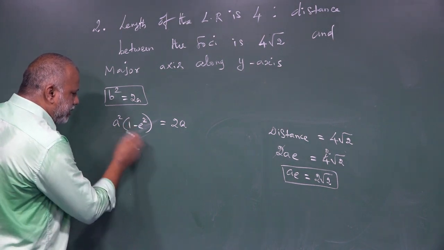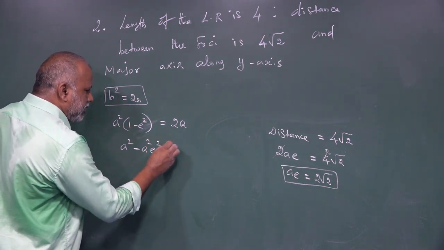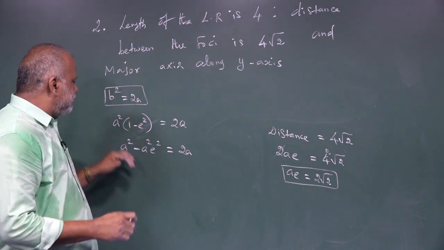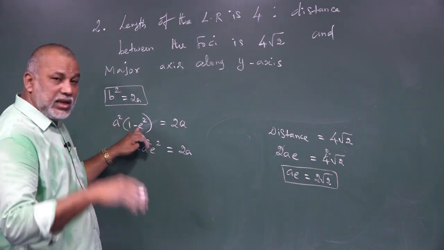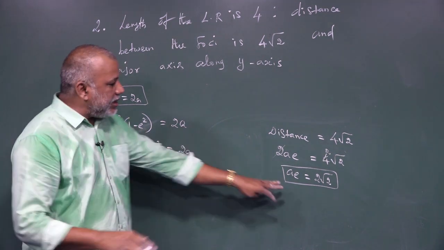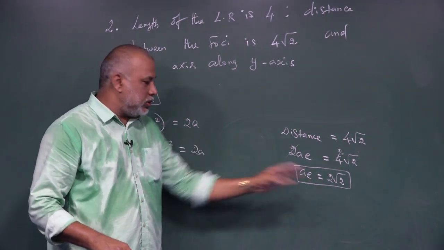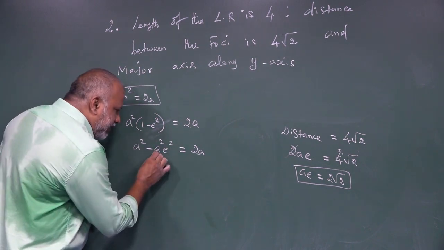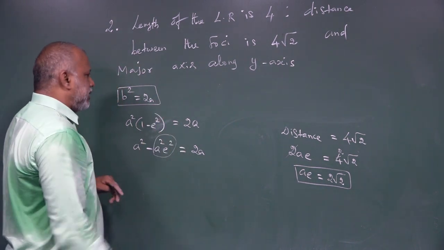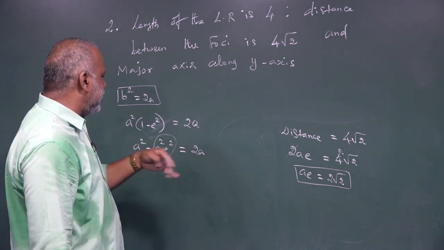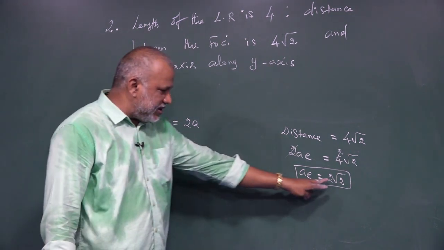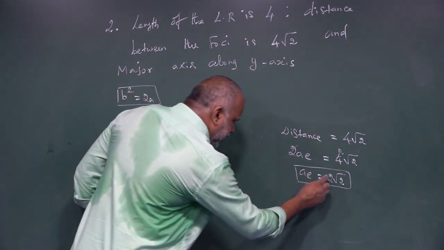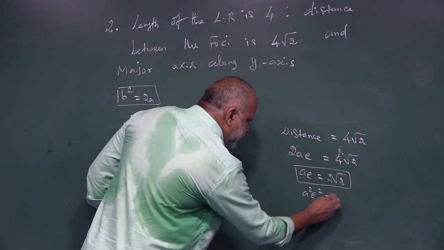We get a squared minus a squared e squared equal to 2a. For what reason are we multiplying? Here a is unknown, e is separately unknown, but AE is known. AE equal to 2 root 2. So instead of a squared e squared, I have to substitute with the help of this number 2 root 2. So here a squared minus, see here, AE. If we want, we can square this one, a squared e squared.